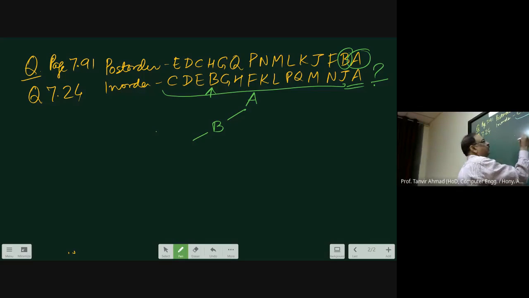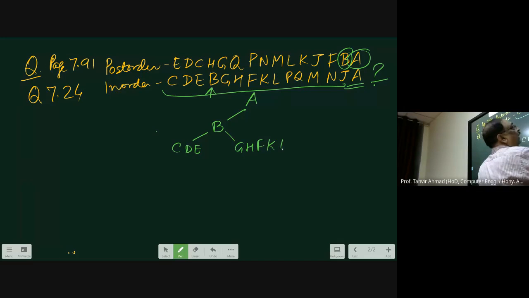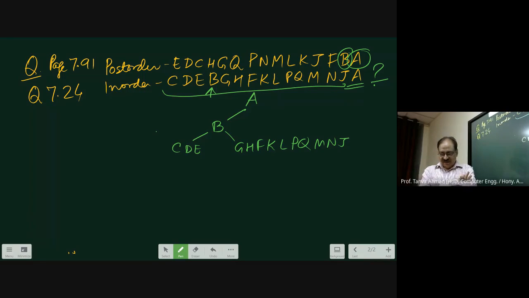That means this side you will have C, D, E, and this side you will have G, H, F, K, L, P, Q, M, N, J. All of them will come this side. This side you will have C, D, E. Why? Because B's left has C, D, E and the right has G, H, F, K, L, P, Q, M, N, J.